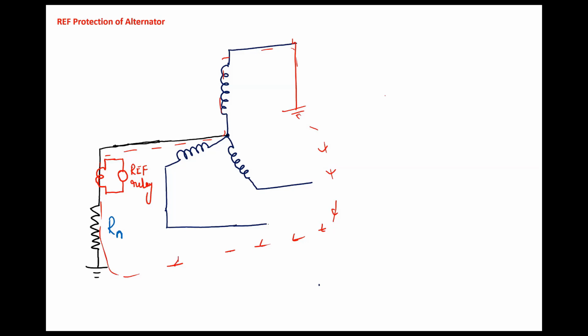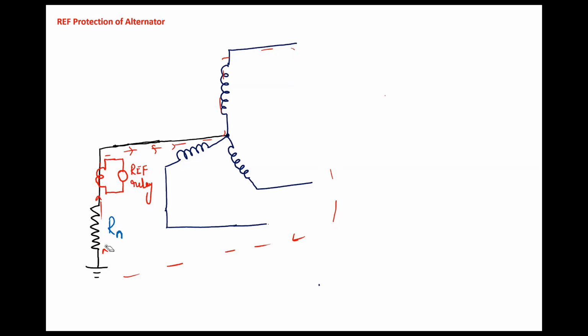The relay we have connected in the neutral will sense it, and if the current exceeds its pickup value, it will trip. There is no issue if the fault occurs outside the alternator, that means after the alternator winding, then this relay will act.